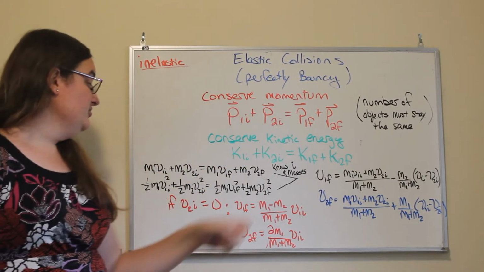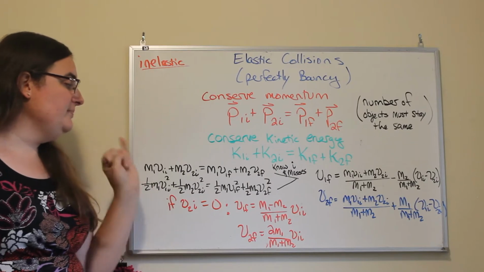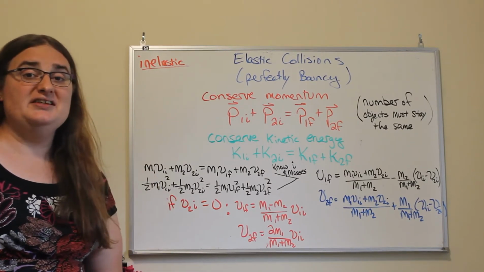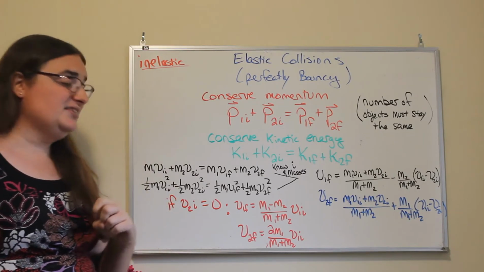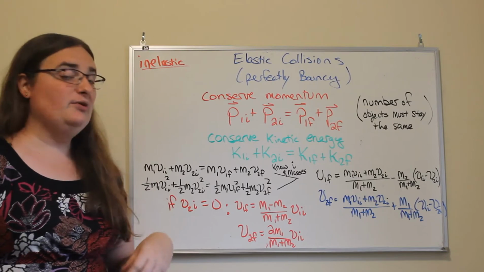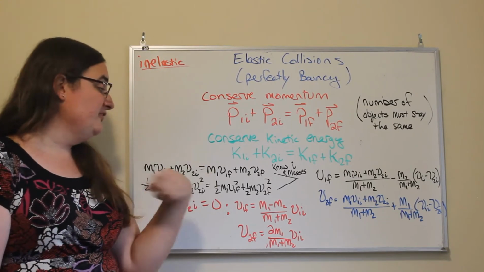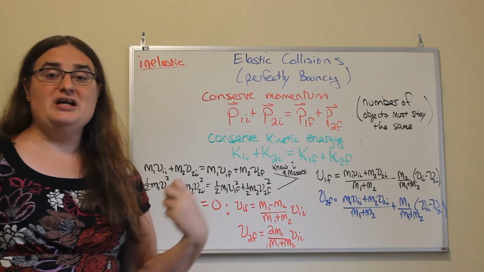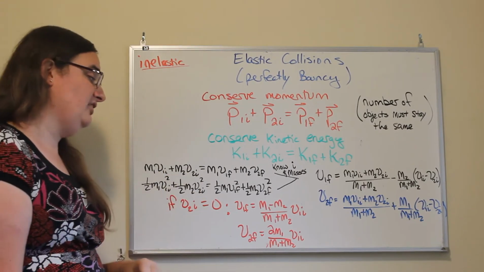So, written out in terms of details, for one dimension, the mass of object 1 times the initial velocity of object 1 plus the mass of object 2 times the initial velocity of object 2 would equal the mass of object 1 times the final velocity of object 1 plus the mass of object 2 times the final velocity of object 2.